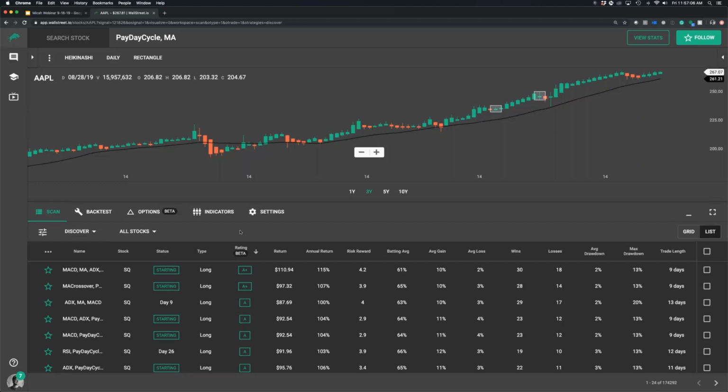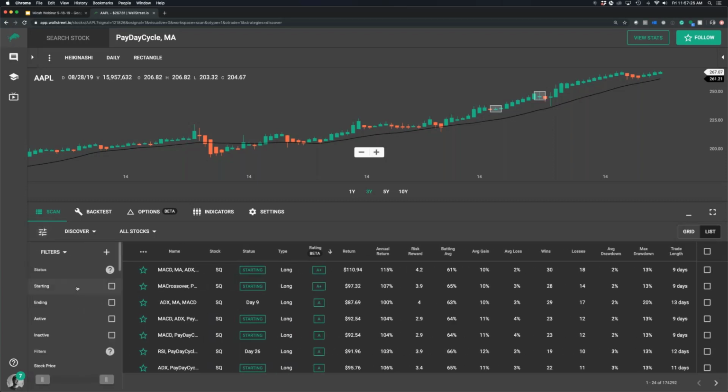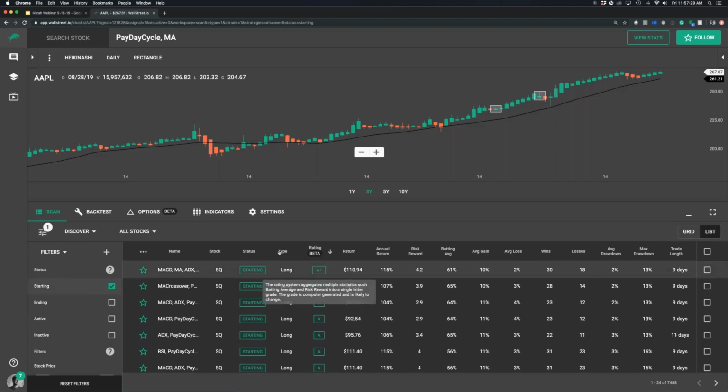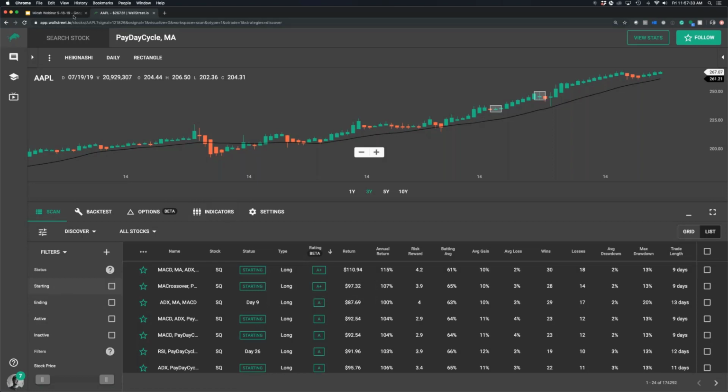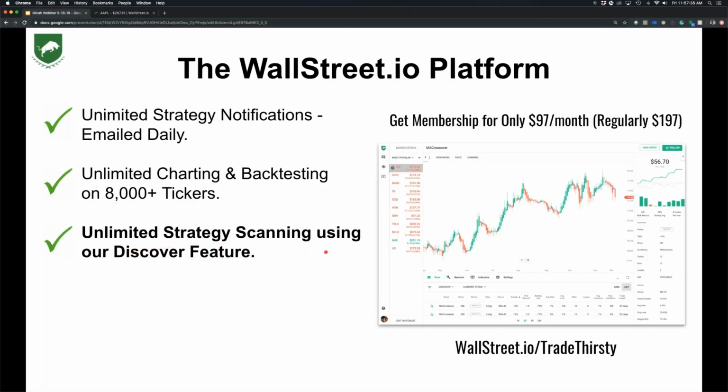So we call it crowdsourcing strategies. For some people, they want to backtest, they've got all these ideas. For other people, we want to let them piggyback on all the great work that our community is doing by crowdsourcing strategies. And then you can rate it and sort it by the rating. A popular one is, what's starting today with an A+ rating? Boom. Right here with the filter. And so unlimited ability to scan and discover.